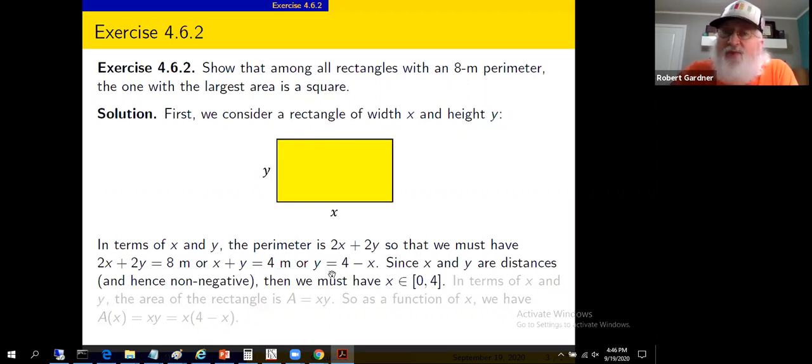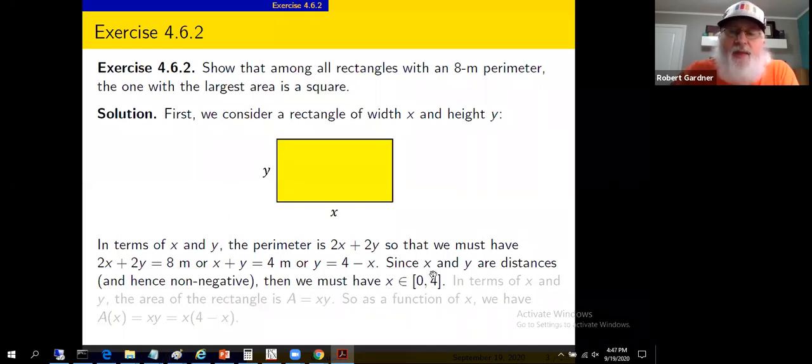Solving for y, dropping the meters. When we're measuring distances, in this one we're talking meters. When we're measuring areas, we must be talking meters squared. Solving for y, we get y equals 4 minus x. Why we solve for y, you'll see shortly.